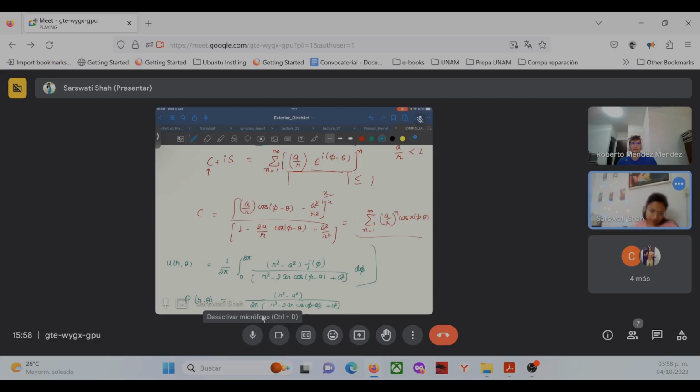So I think I am making a mistake. Let me go through the book, because the value of the Poisson kernel should be, it is saying that it should be 1 over 2 pi a.